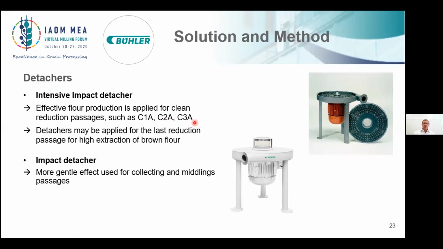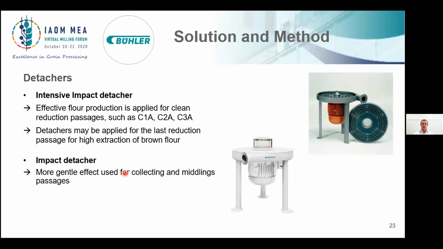Or if you want to extract some section for atta flour, such an intensive impact detacher can give you a few percent extraction higher. Impact detachers are the basic, can be used also for composite semolina.